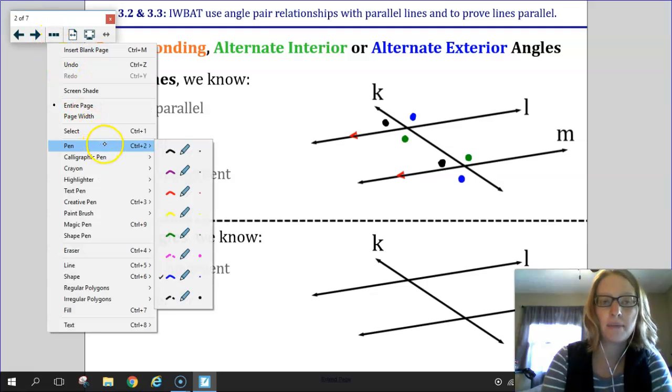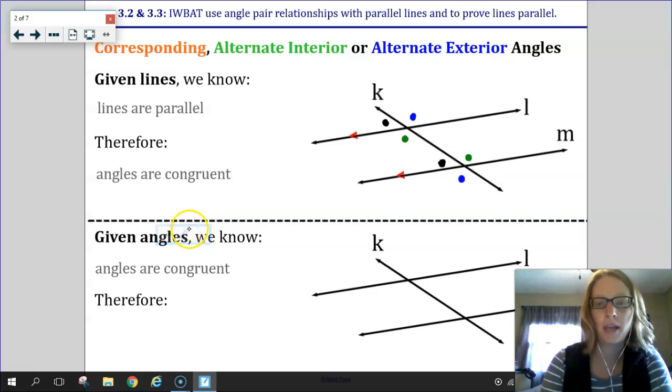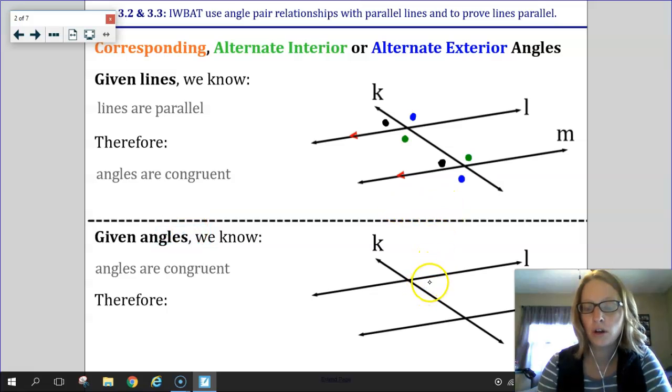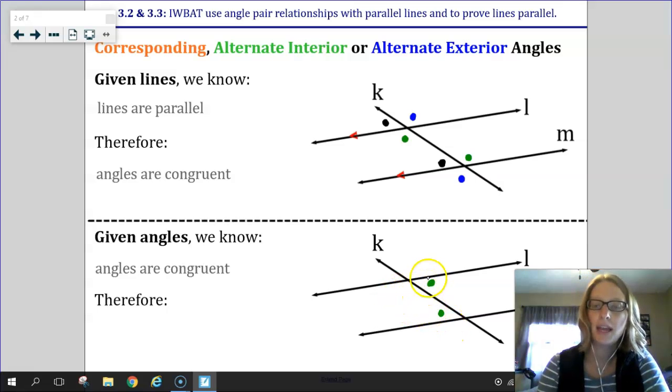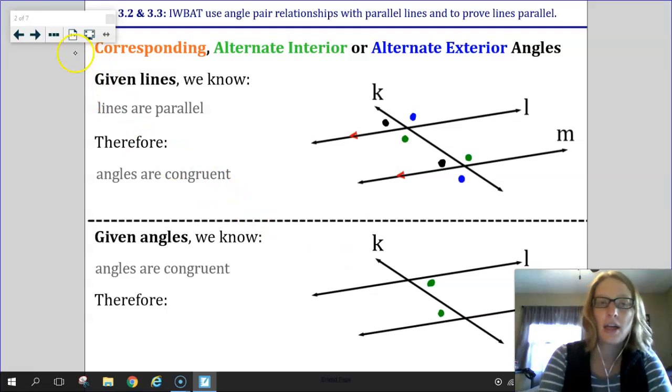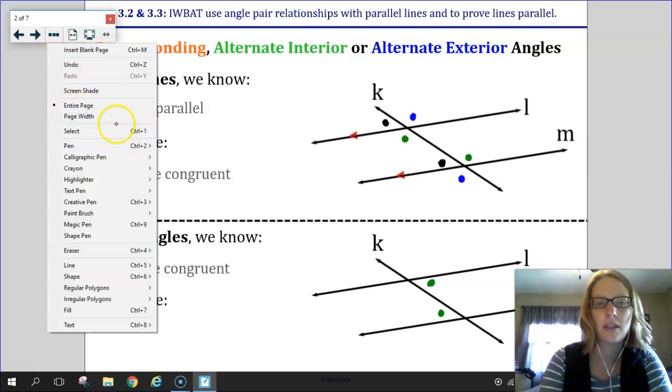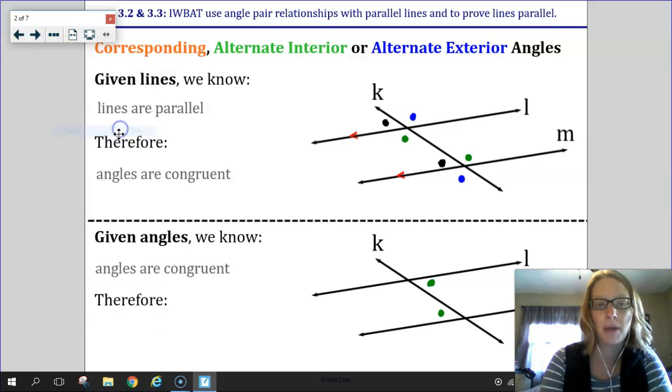So say, for example, the problem told me that these two alternate interior angles were congruent. Then my conclusion could be, if those angles are congruent, therefore the other way around also works. I will know in conclusion the two lines that are given, L and M, must be parallel.